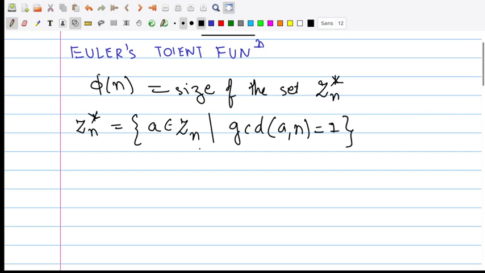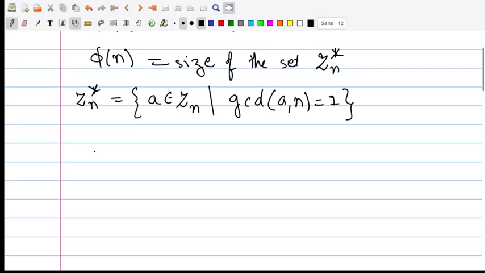So basically we want to find all the positive integers from 1 to n which are relatively prime to n. Let us say n is 15.